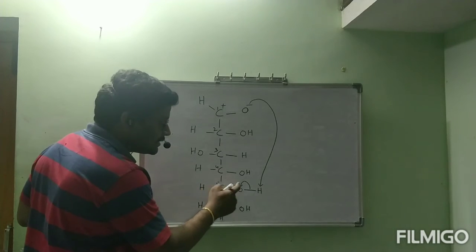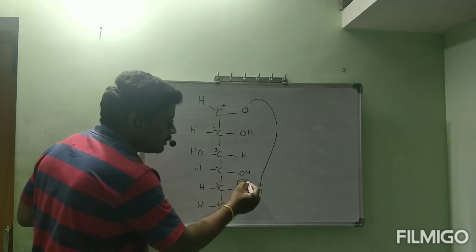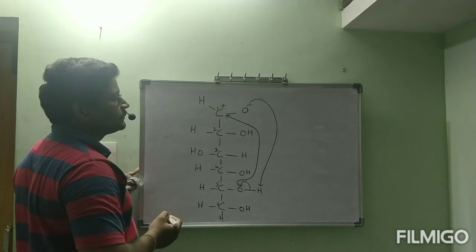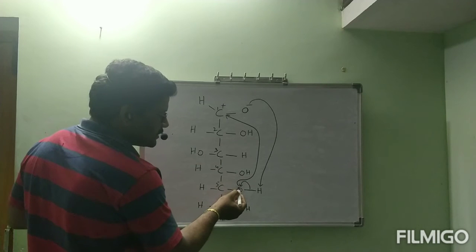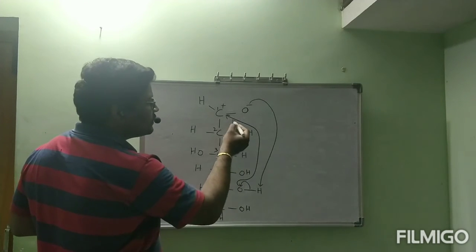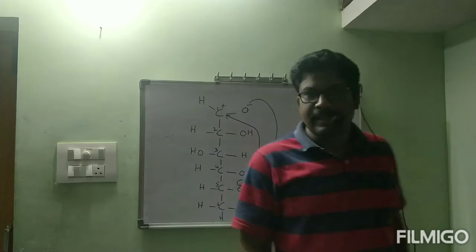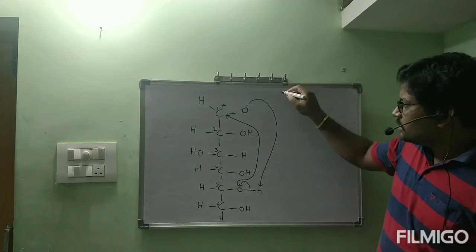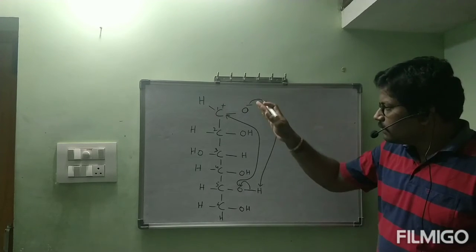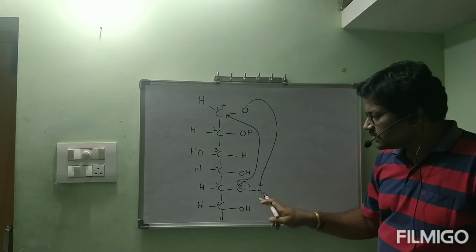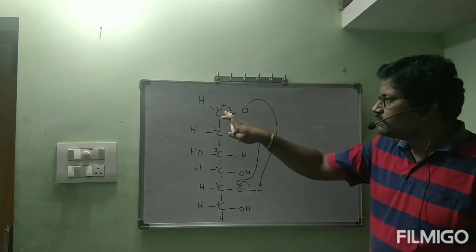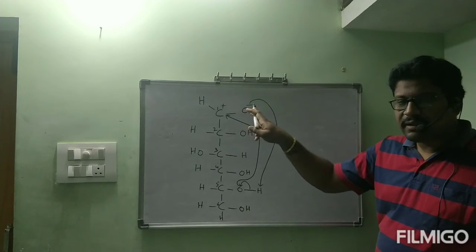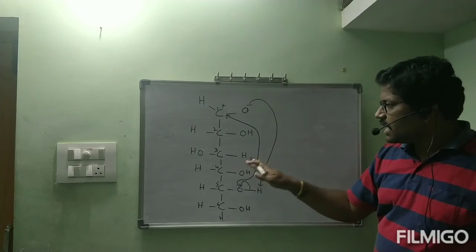This O minus is going to form a bond with C plus. Now I am going to write the structure. After this O minus attacks this H plus and forms a bond with this carbon, I will show in what way we write the structure. After that I will again explain this arrow mark representation.